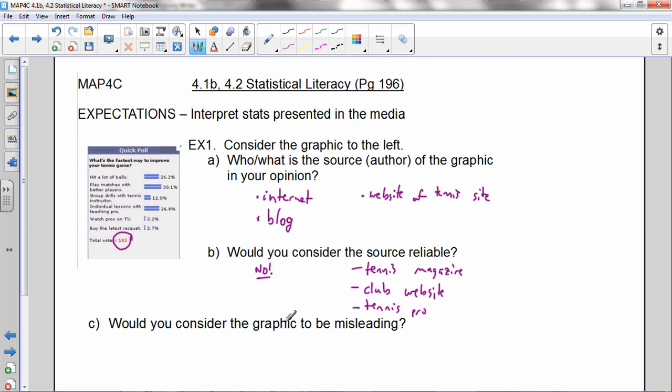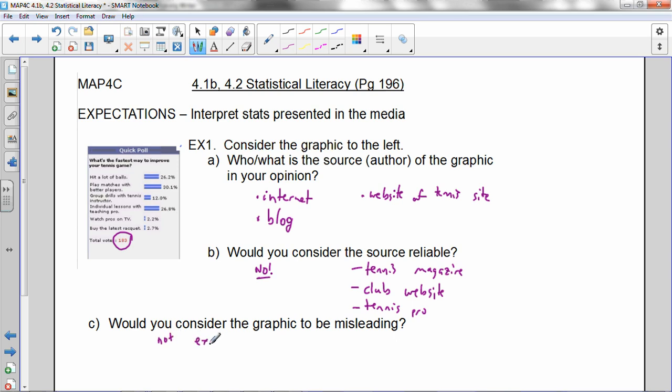Would you consider the graphic to be misleading? Is this graphic misleading? Well, I wouldn't say so, because it looks like the longest bars are the right amount of length. Is this bar about 10 times as long as that bar? That doesn't look so bad. So maybe not.